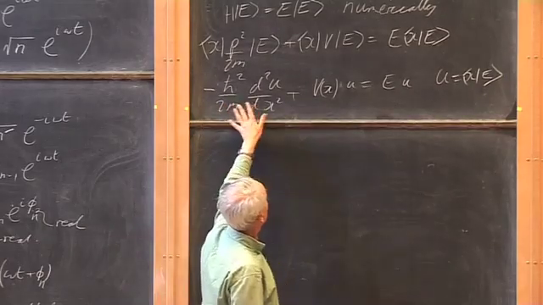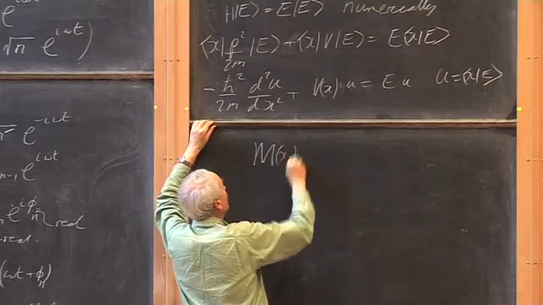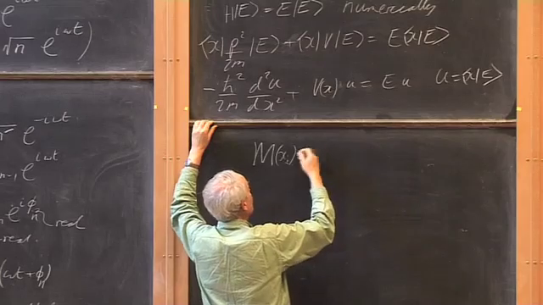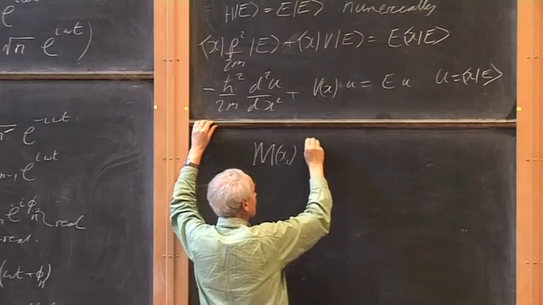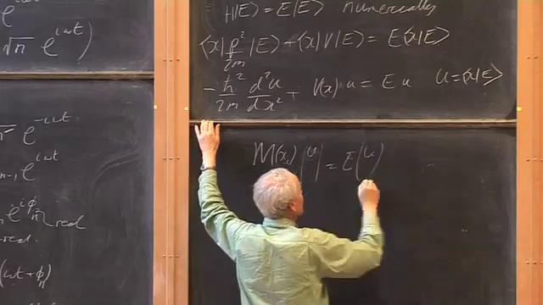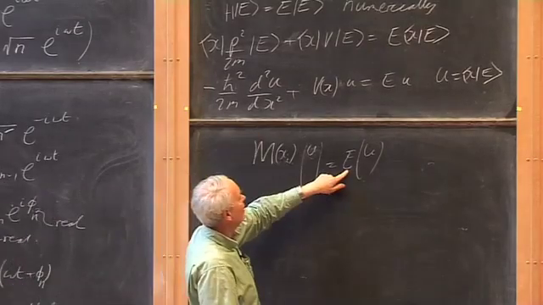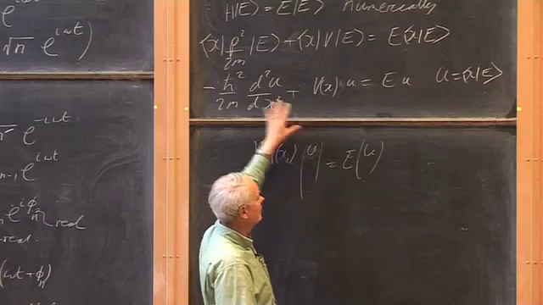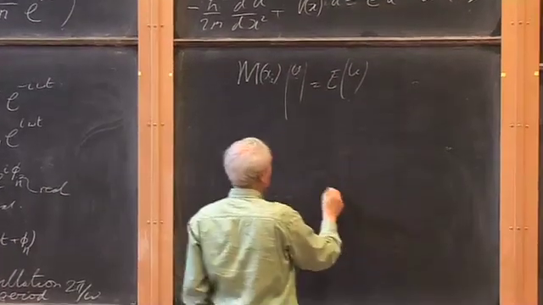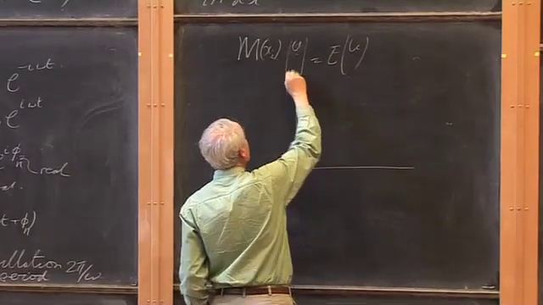So you write this basically as a matrix M acting on U, which becomes a column vector, the value that U takes at the different positions in x, equal to E U. You turn it into a matrix equation, and computers are very good at matrix equations. When you do that, you discover what the values of E are, and you can also discover what these wave functions look like.